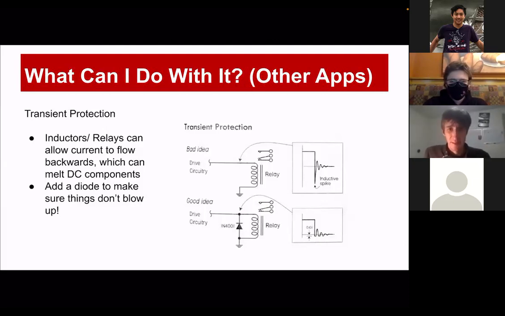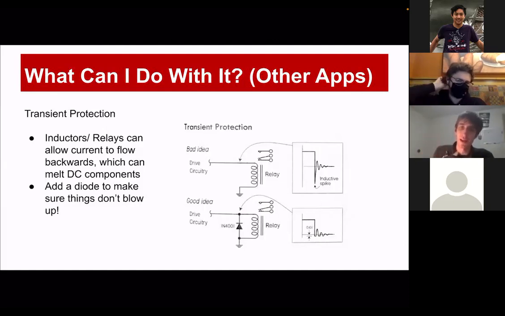It uses the same idea of the flyback diode. Whenever we have an inductor or a relay here, there's always the chance of having a large negative spike, and that can destroy digital components.